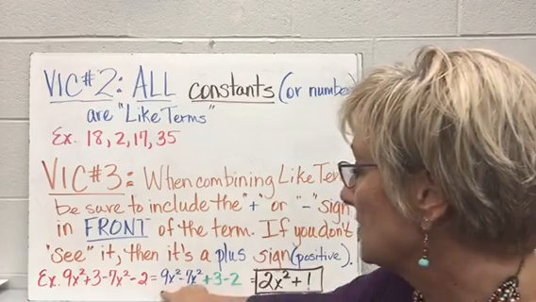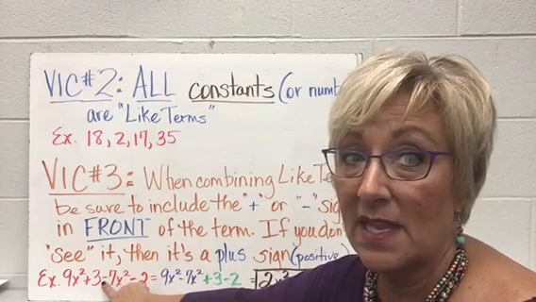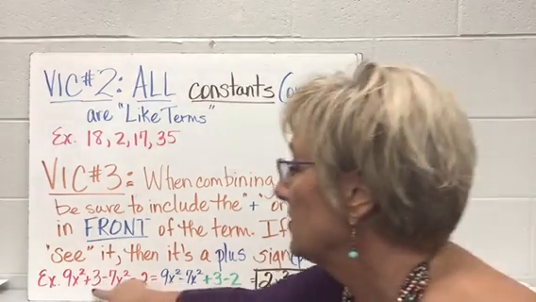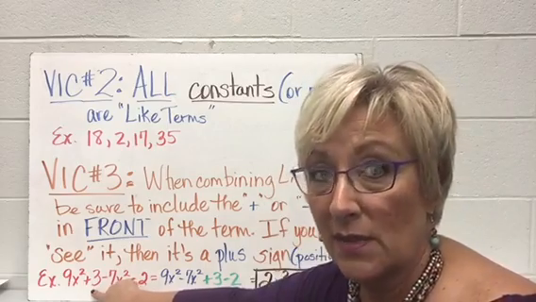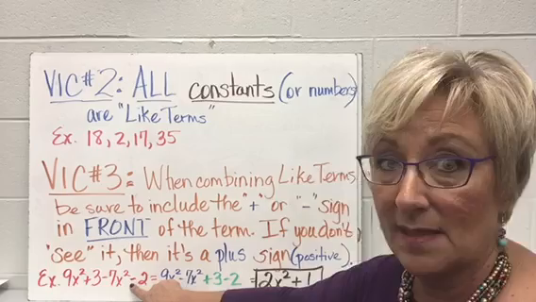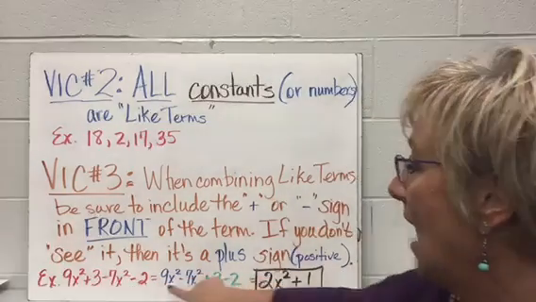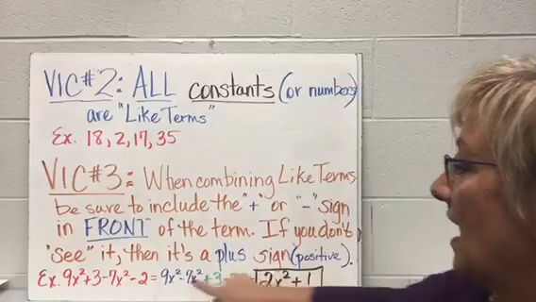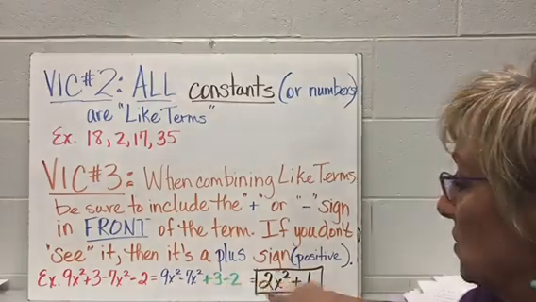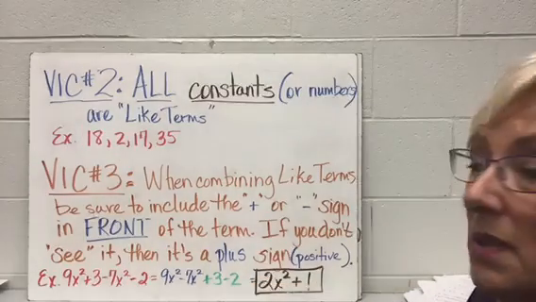I'm going to put 9x squared minus 7x squared, notice I brought the minus that's in front of the 7x squared. Using the commutative property, I'm going to take the 3 and 3 minus 2, because that's a minus sign in front of the 2. And when I simplify it, I know that 9x squared minus 7x squared will give me 2x squared, and 3 minus 2 is going to give me plus 1.